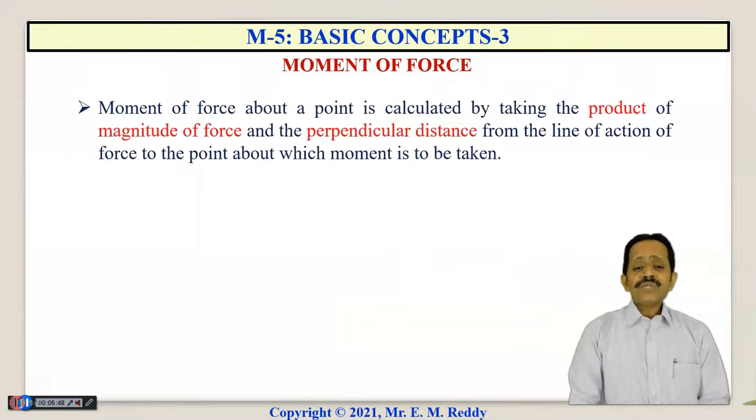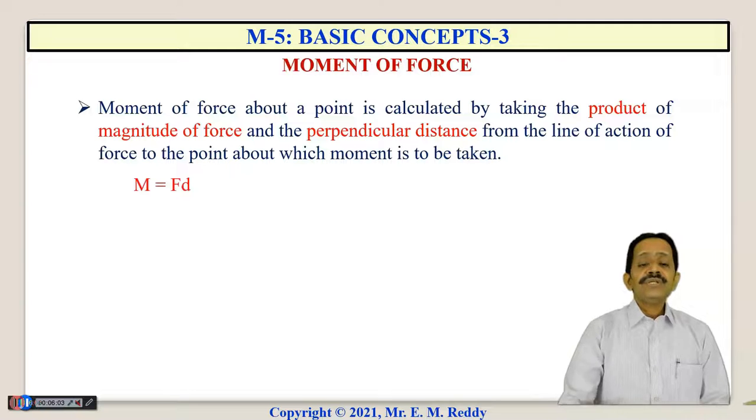The moment of force about a point is calculated by taking the product of the magnitude of force and the perpendicular distance from the line of action of the force to the point about which the moment is to be taken. So moment is equal to force into perpendicular distance.